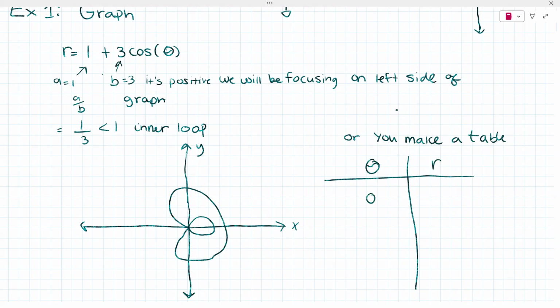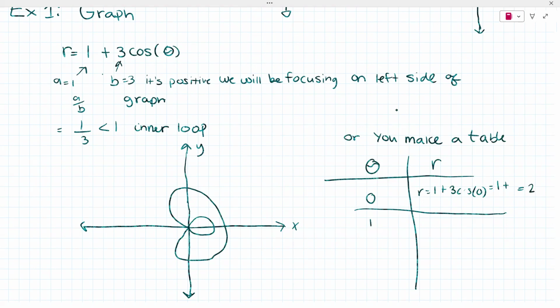For example, if you use the x value 0, it's going to be r equals 1 plus 3 cosine of 0. That gives you 1 plus 3 times cosine of 0, which is 1, so this would give you 4.